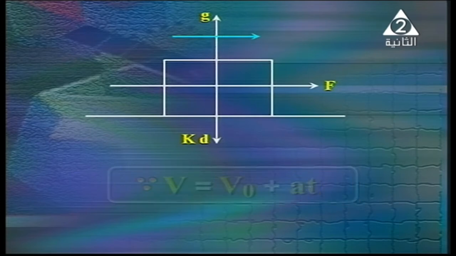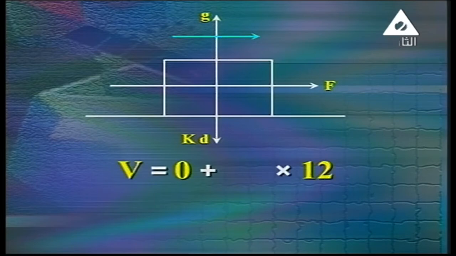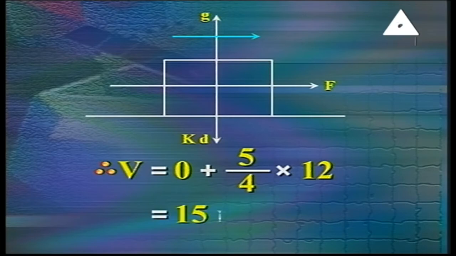By substitution, v equals 0 plus 5/4 times 12. 5/4 is the acceleration. Therefore, velocity equals 15 meter per second.